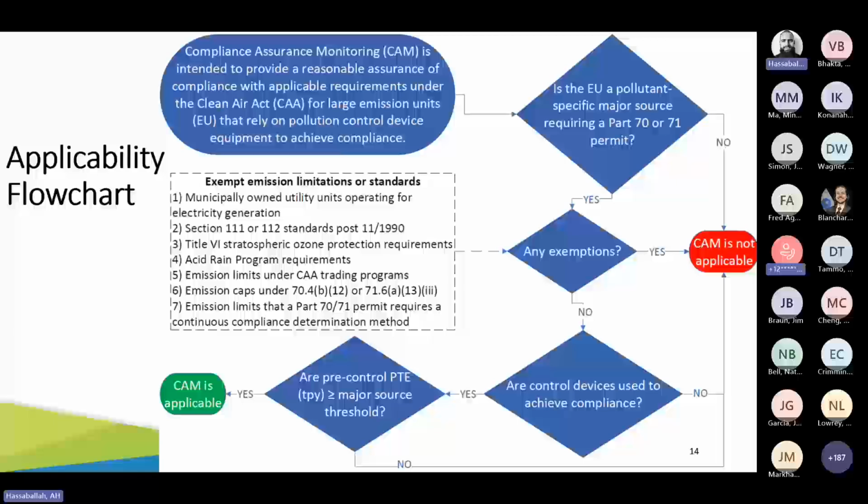However, if at any point you fail to pass that stage or pass that gate, you're automatically not required or not subject to CAM. And in the middle, there are exemption criteria that can also nullify CAM applicability. And we'll get into each of those stages, if you will, together.